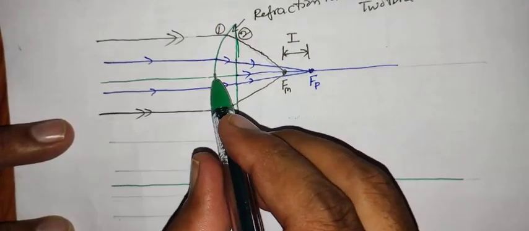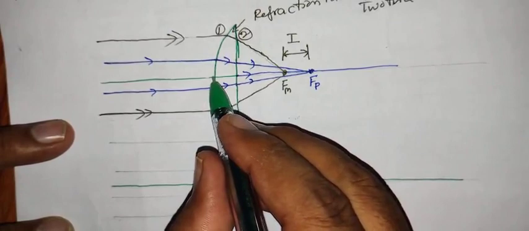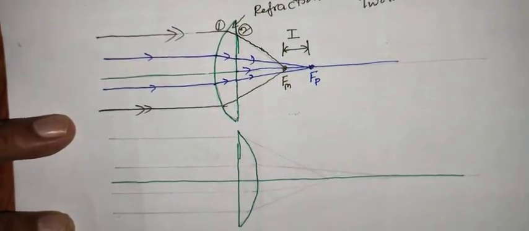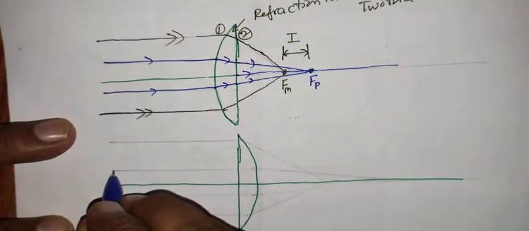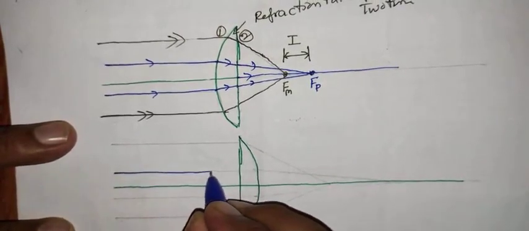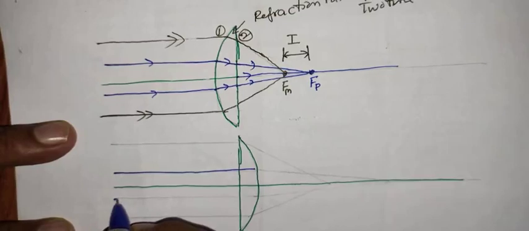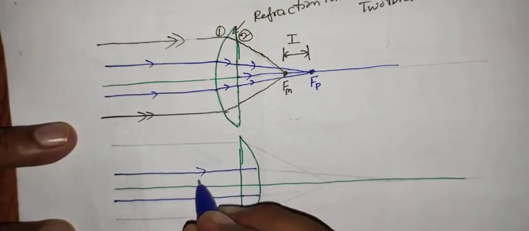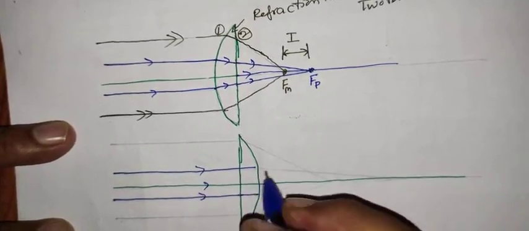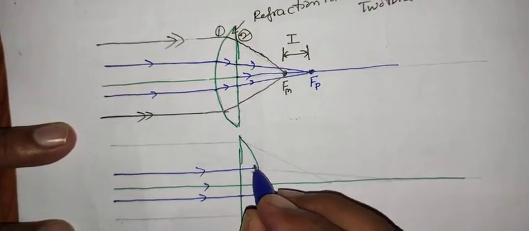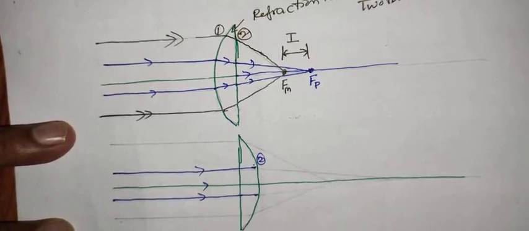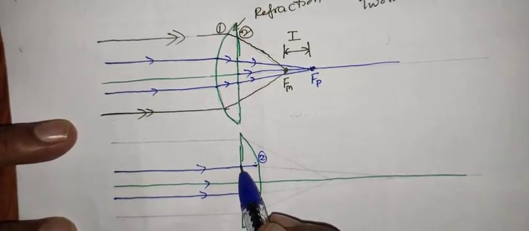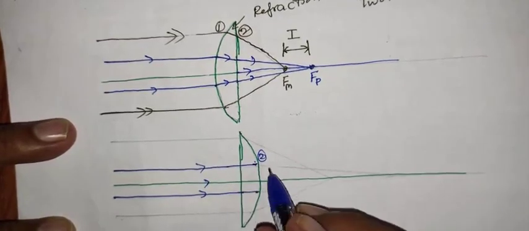In the first case, the curved surface was first and the plane surface later. Here, paraxial rays near the principal axis are refracted only through the second surface, not the first, because they fall perpendicularly on the plane surface.